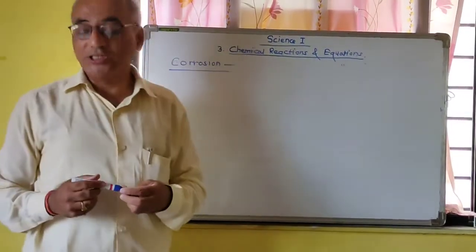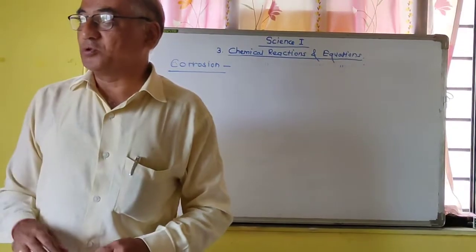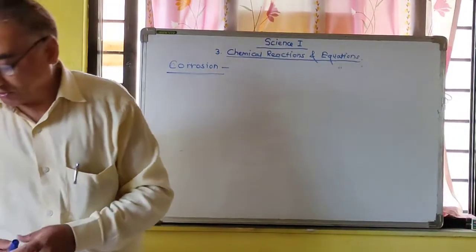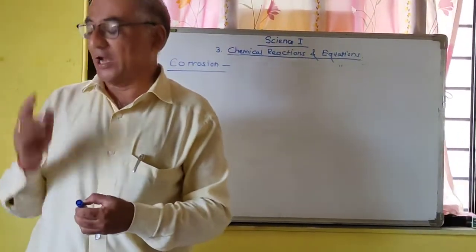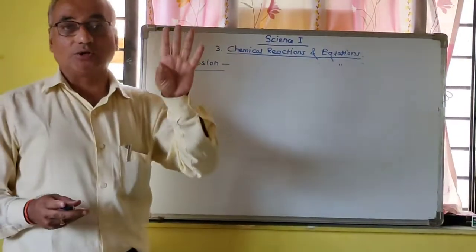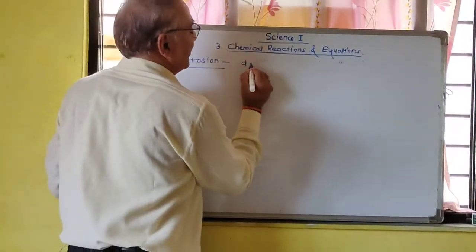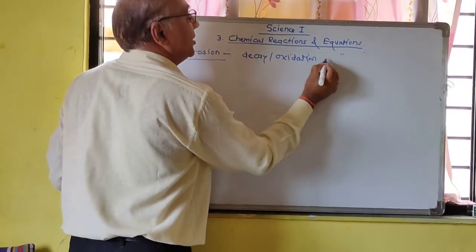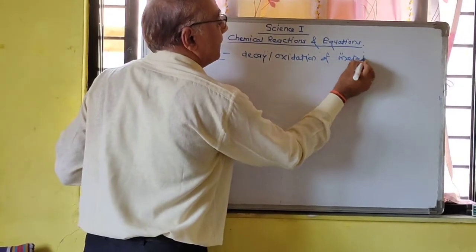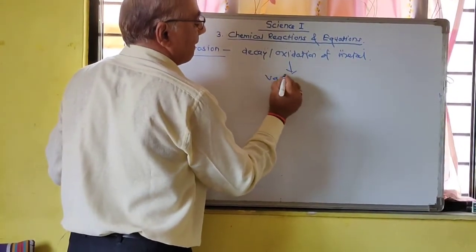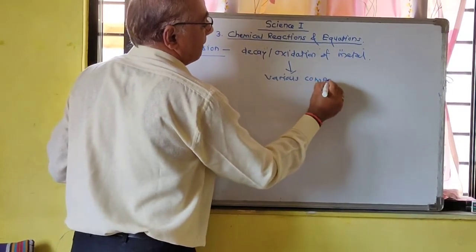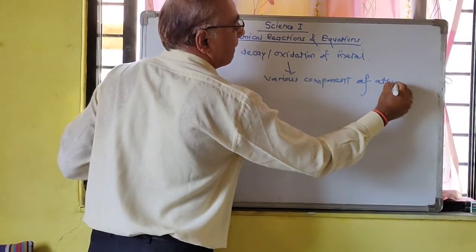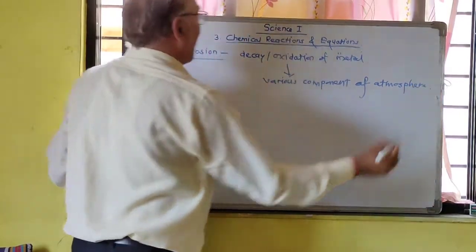Now let us see what is meant by corrosion. The slow process of decay or oxidation of metal due to various components of the environment, or you may call it atmosphere, is called corrosion.